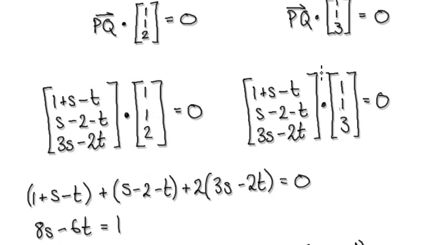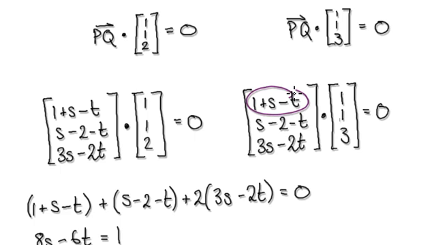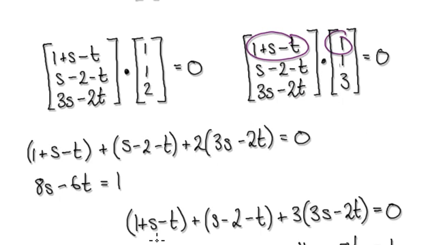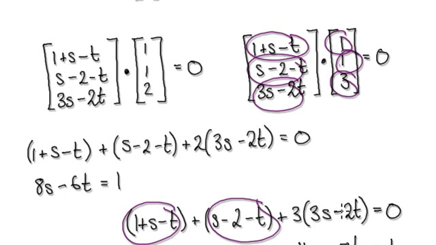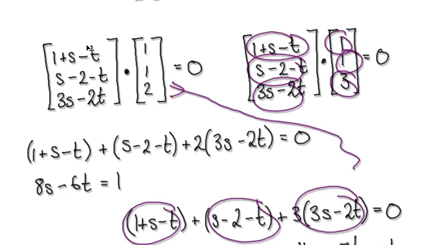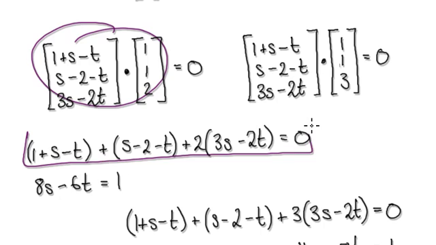And then for the other one, it will be this times this, that will then give you this, and then this times this, that will then give you this, and then this times this, that will then give you this. Going back to the other one, remember this thing here gave us this. Now tidy this up.